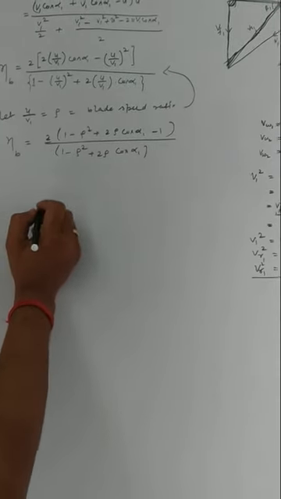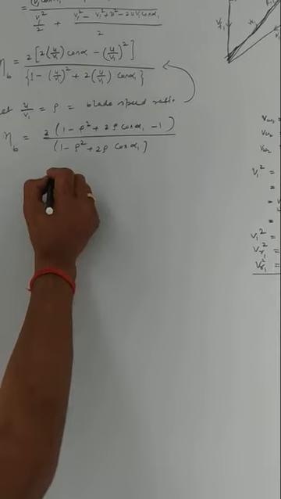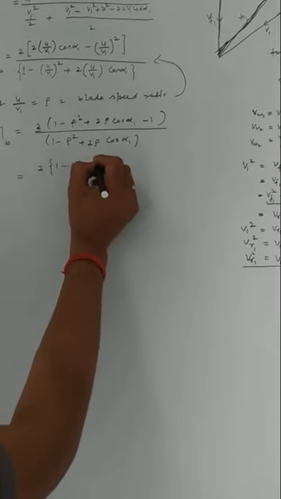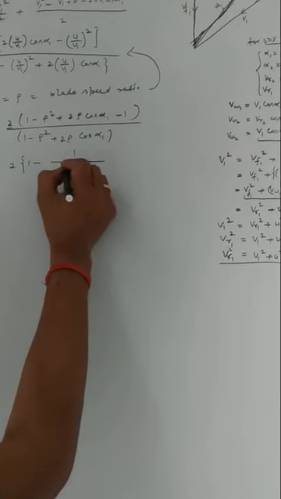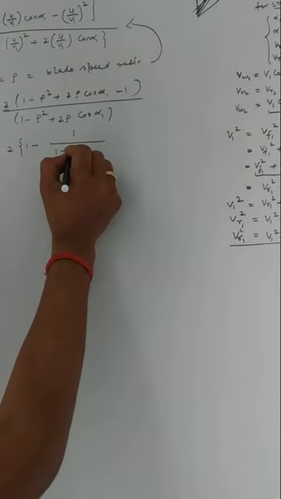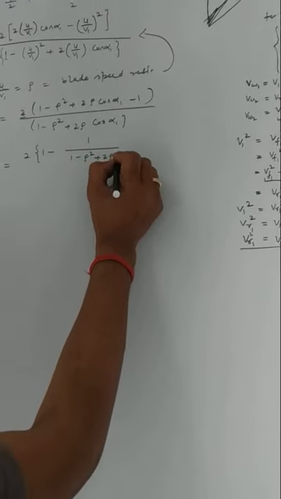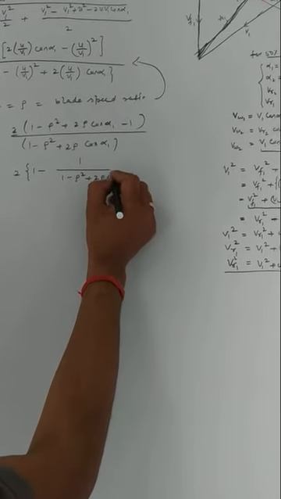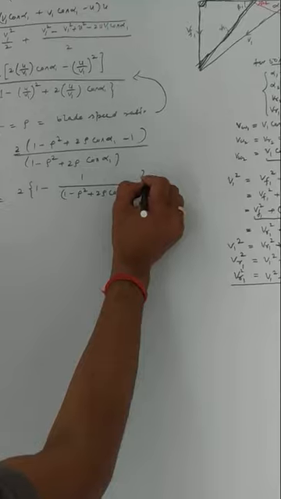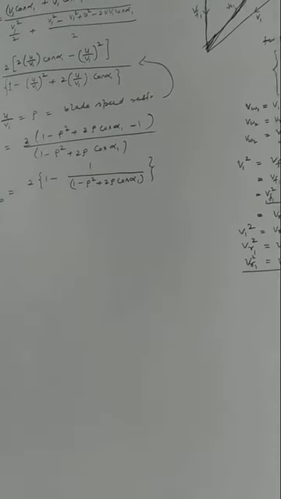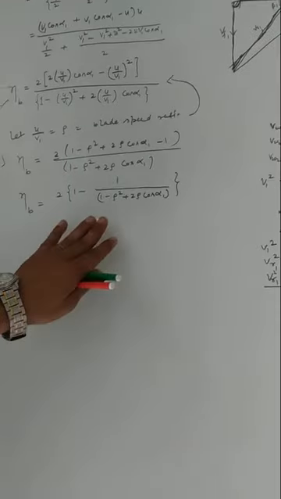You can further write this equation as 2 times (1 minus 1 upon (1 minus rho square plus 2 rho cos alpha 1)). This equation of blade efficiency we have written in this form.